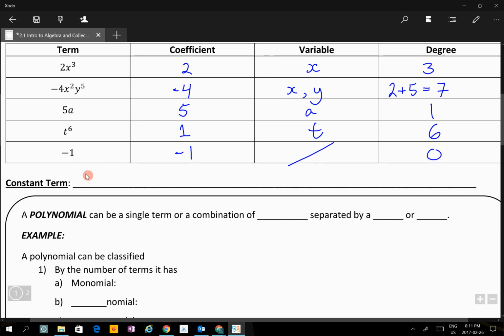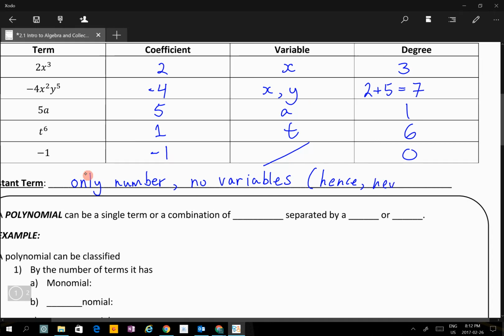A constant term is only a number, no variables. So if there are no variables, we say it's never changing. It is always constant.